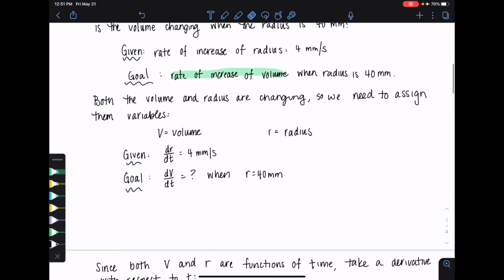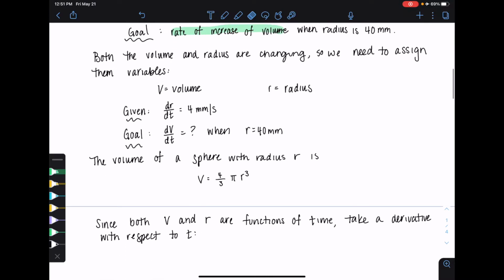So now I've got to find some equation that connects my volume of a sphere and my radius of a sphere. So I don't anticipate you remember that, but the volume of a sphere with radius r is V equals 4/3 pi times the radius cubed, okay?